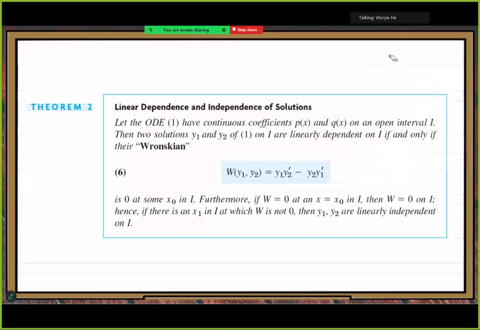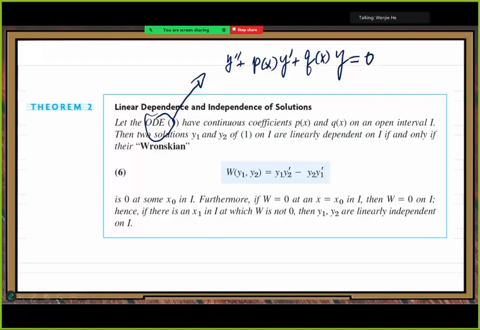So ODE1 is y double prime plus p function times y prime plus q function times y equals 0. In this case, we only consider the general solution part.